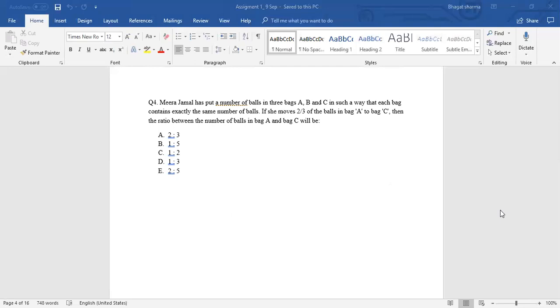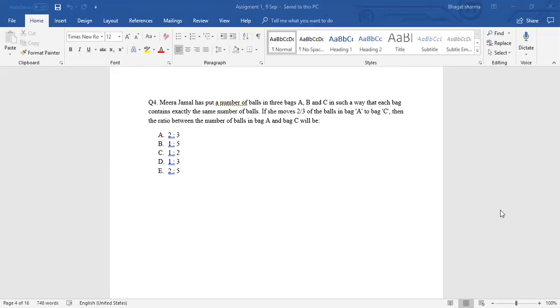Any other way somebody has solved it? Same way. Everybody solved the same way, took the value as 3 and then solved it? Yes. Wow. You all are thinking alike. Great. Okay. So that's quite a good way to do it.